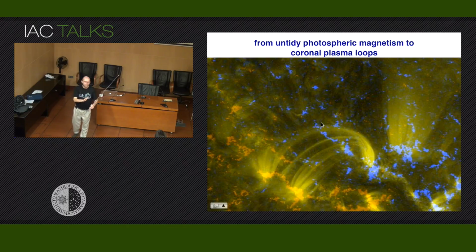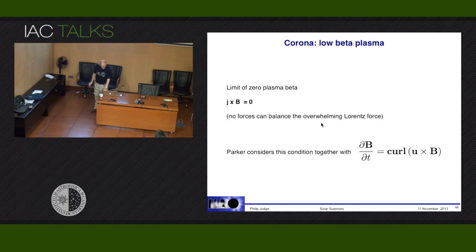Those current sheets lead to the breakdown of the idea that you've got a fluid with finite volume and mean-free paths and all this stuff. So the theory breaks down because you generate things on such a small scale that something else happens. And that something else is a transference of this electrical current energy into the plasma, namely coronal heating. Okay? So this is a theory of coronal heating.